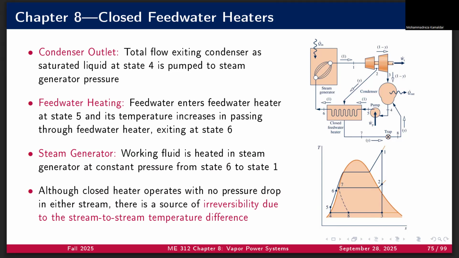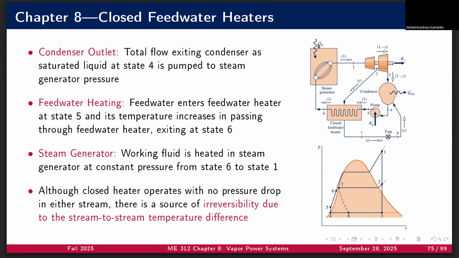Now, in the steam generator, state 6 to 1, the total mass flow 1 is directed into the steam generator or the boiler. So here the working fluid is heated at constant pressure to return to its initial high temperature state, state 1. And this is as in the previous ideal Rankine cycle. So this completes the thermodynamic cycle.